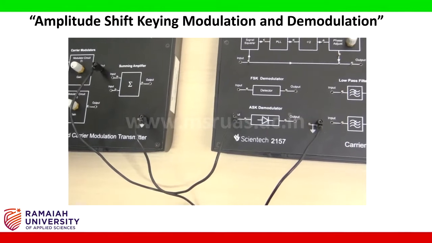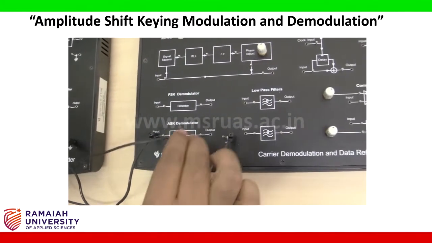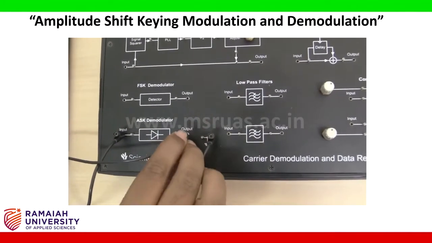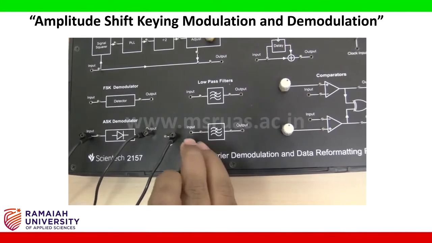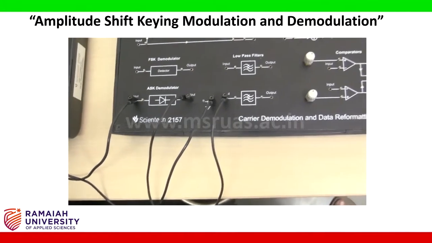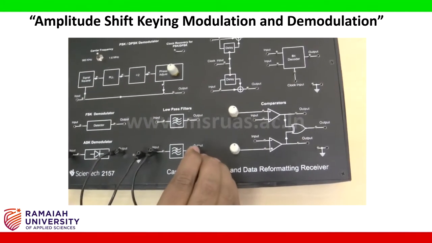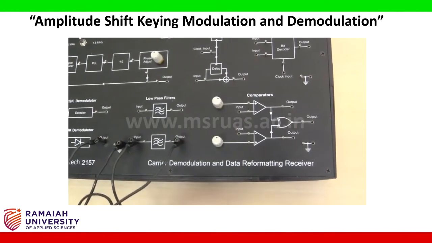Output of the ASK demodulator is connected to the input of the low pass filter, and then the output of the low pass filter is connected to the input of the comparator.